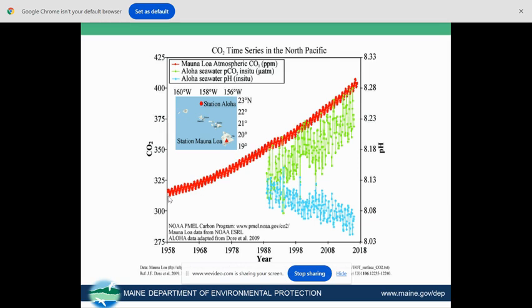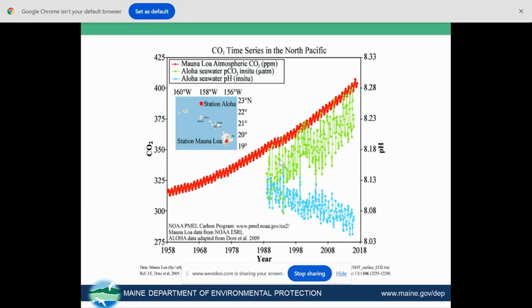Okay. And so it started probably at about 320 parts per million. Is that parts per million? And now we're looking at this number over here, at about 400. So it's increased from about 320 parts per million to about 400 parts per million. That's the carbon dioxide in the atmosphere.